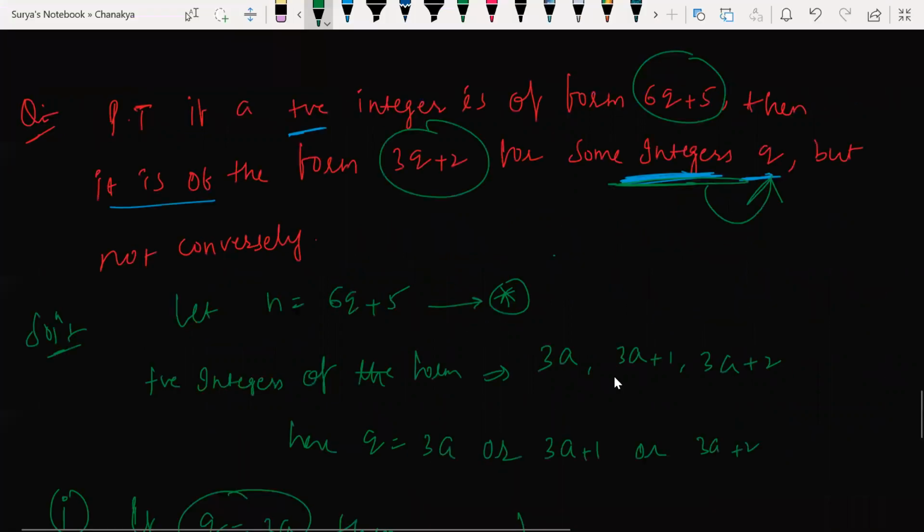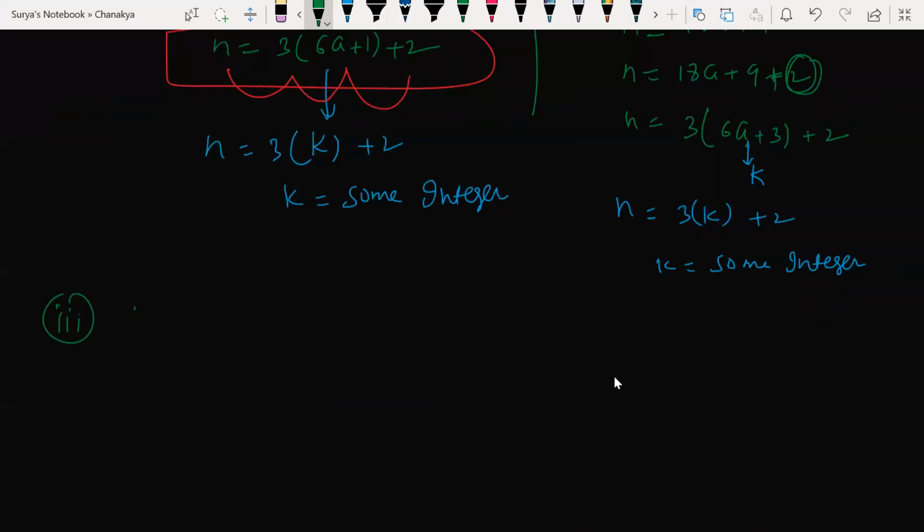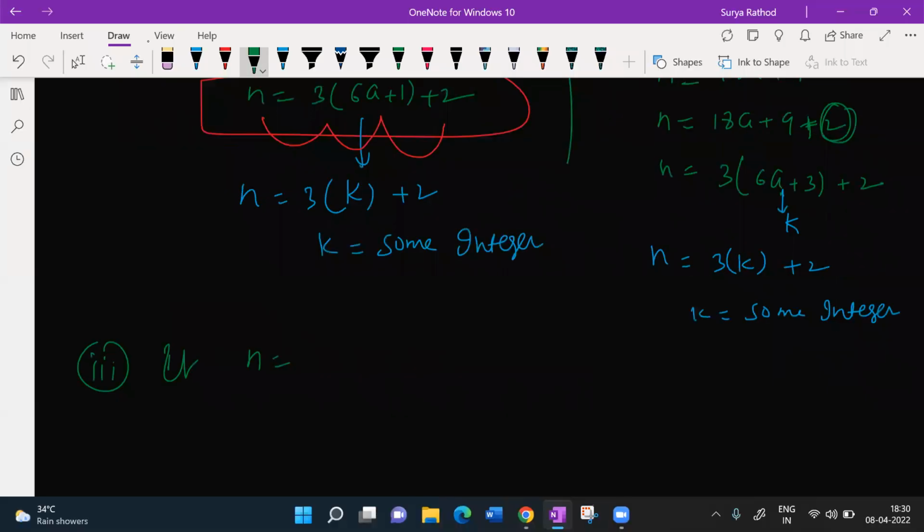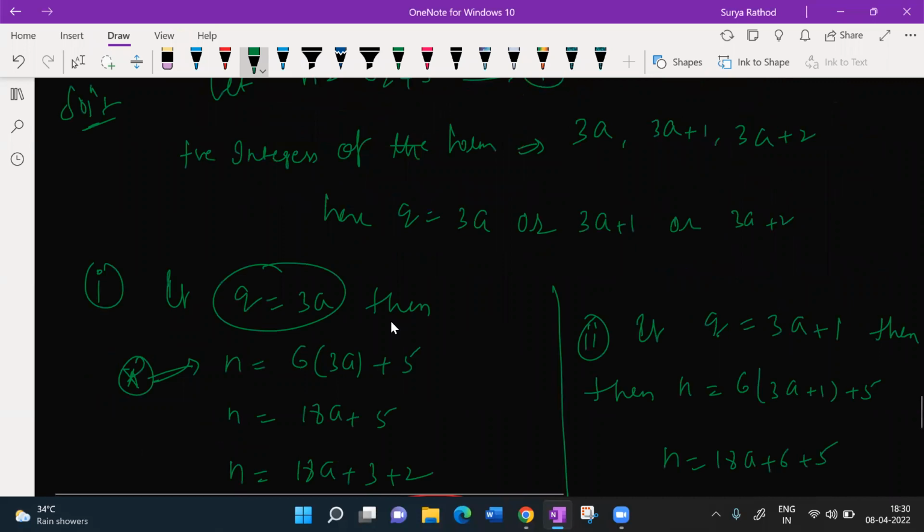Now the third case. If n is equal to 3a plus 2, then from the star equation, what was the star equation, beta? N is equal to 6q.